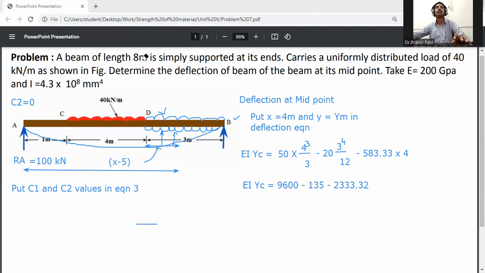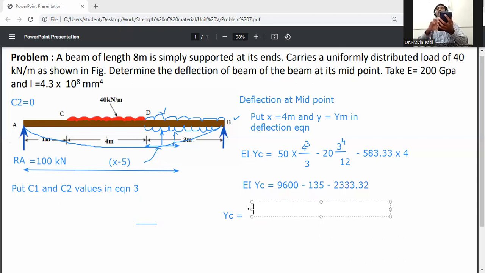Now write down yc is equal to 9600 minus 135 minus 233.33.